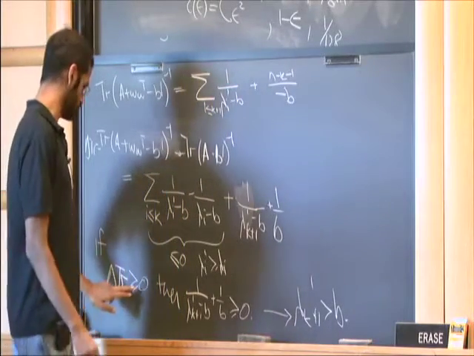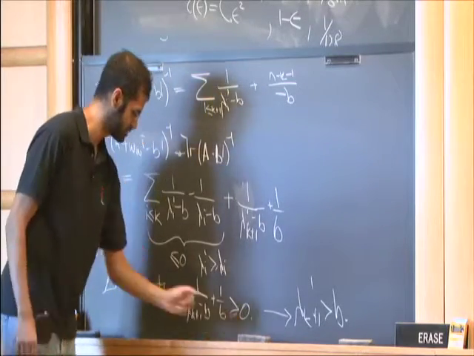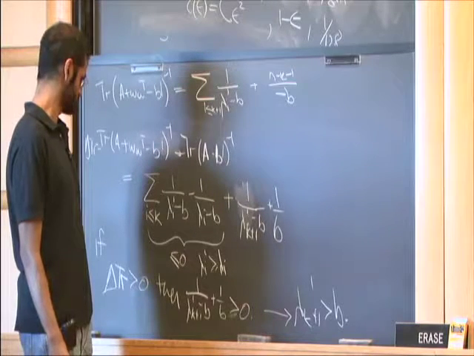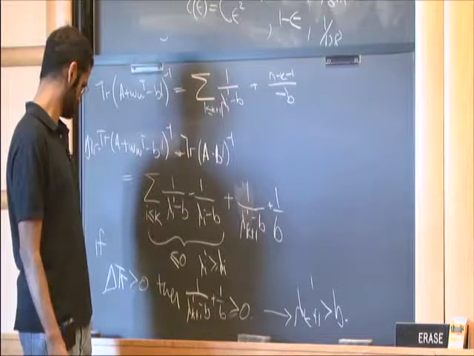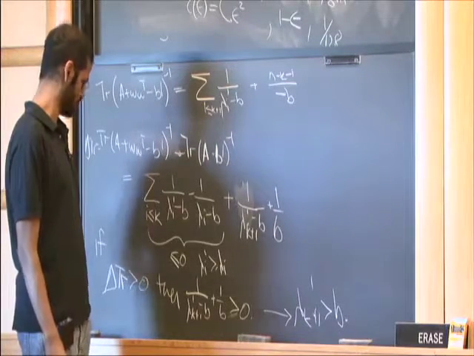Okay, fine. So if this is bigger than 0, then this thing is strictly... No, it doesn't seem to be correct. I mean, if lambda k plus 1 prime is half B, then you get... No, you get negative.